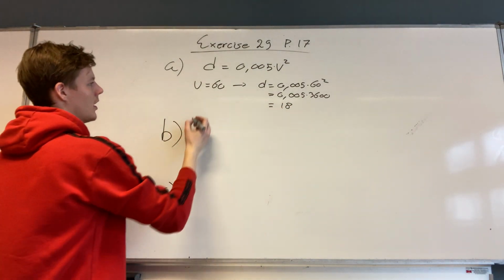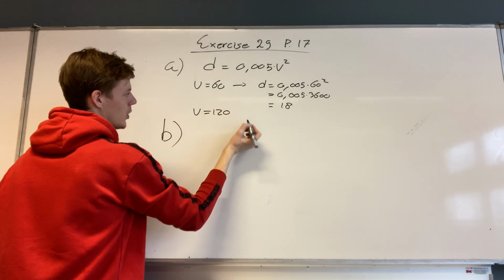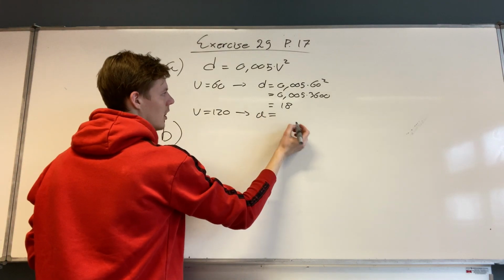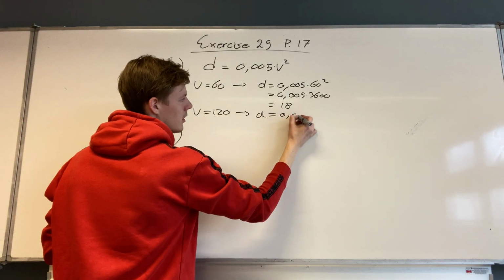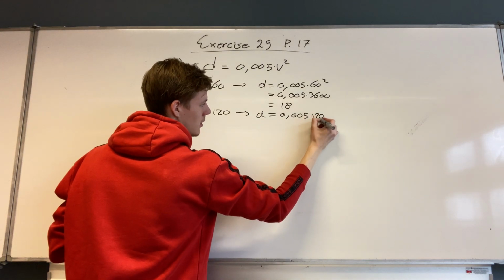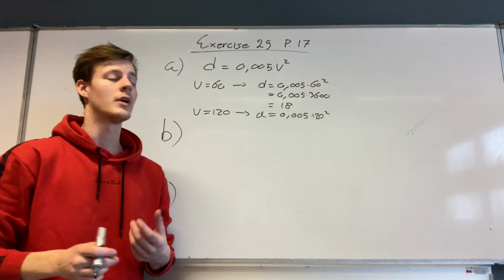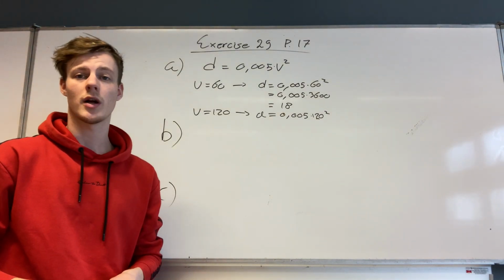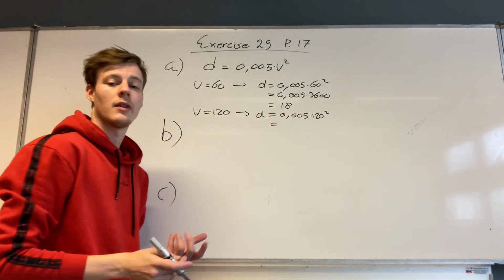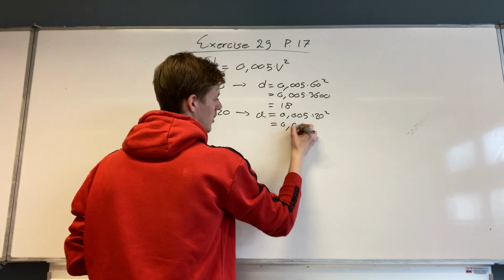All right. The same thing works for 120 kilometers per hour, which will be written like this. So we have 0.005 times 120 squared, and you first calculate the power, which is the following.